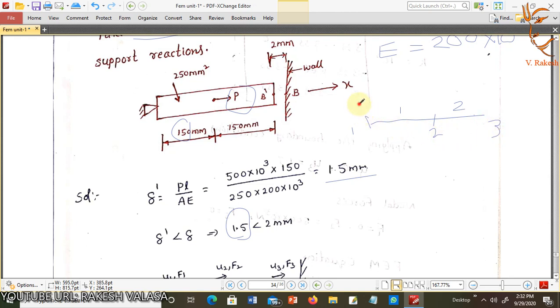At node one displacement u1, at node two displacement u2, at node 3 displacement is u3. Similarly, you can assume nodal forces at 1 F1, at 2 F2, at 3 F3.